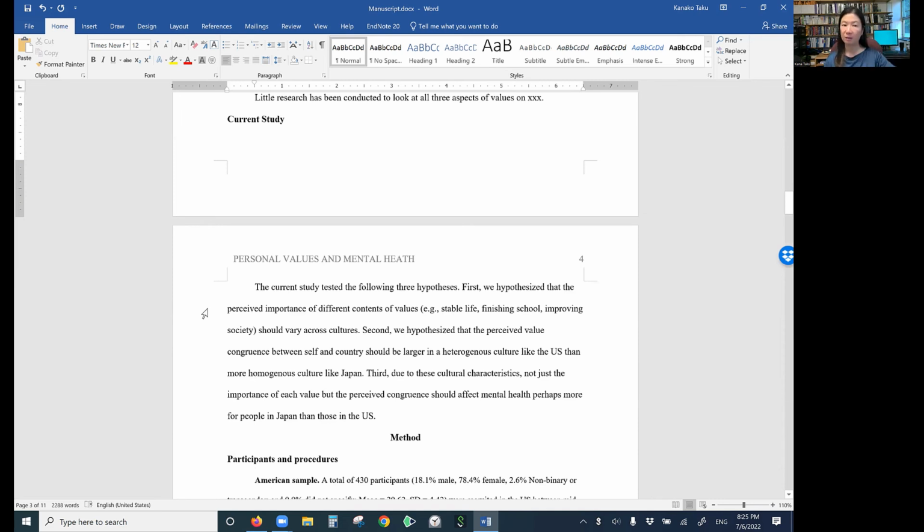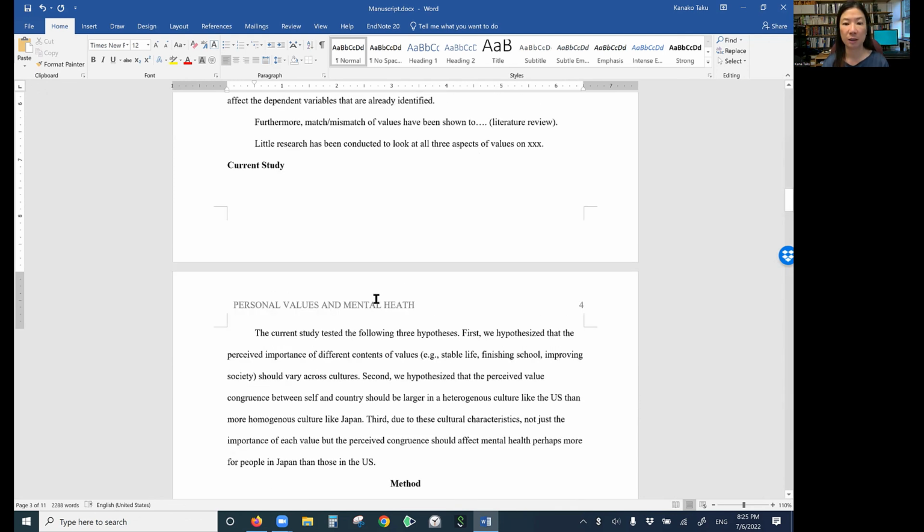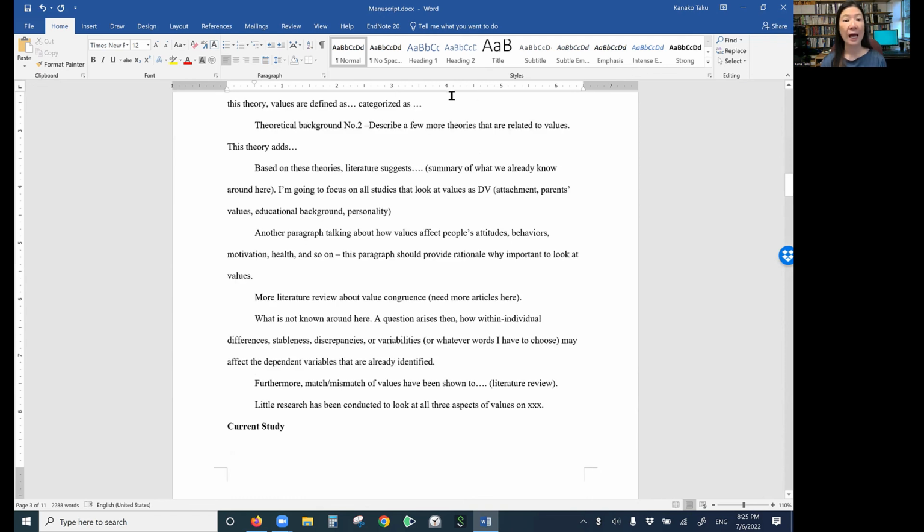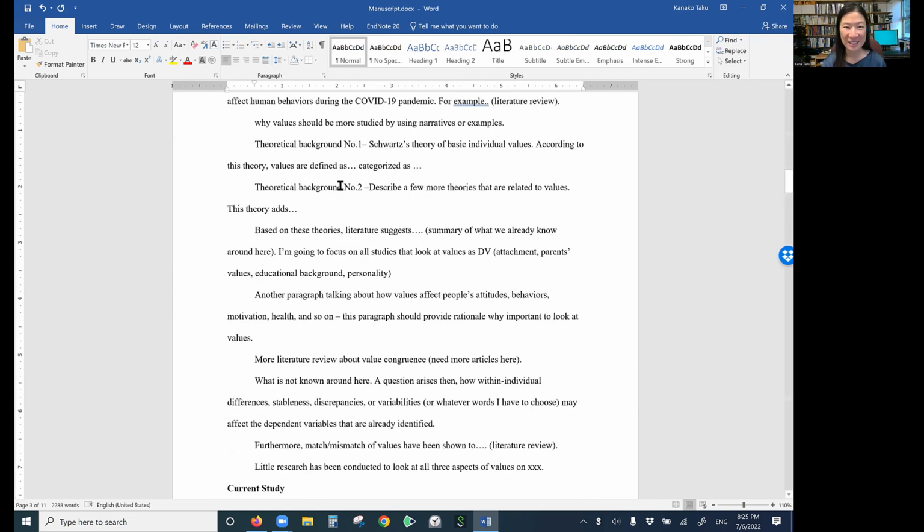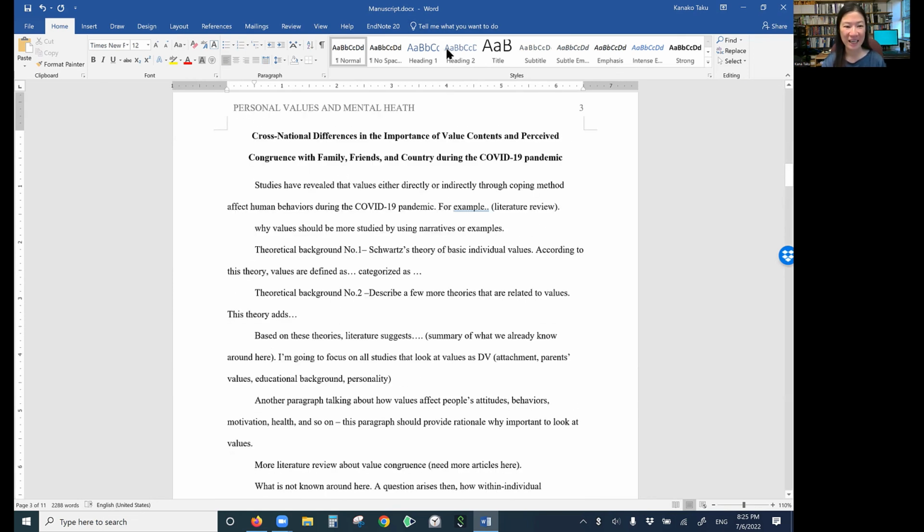That way there is no going back or forward; people can read from the beginning to the end. So I think that's what I want to do. I've only just started and have a few sentences so far, but it seems like I can do the literature review using the keywords COVID and values, also value congruence. So I'm just going to keep going.